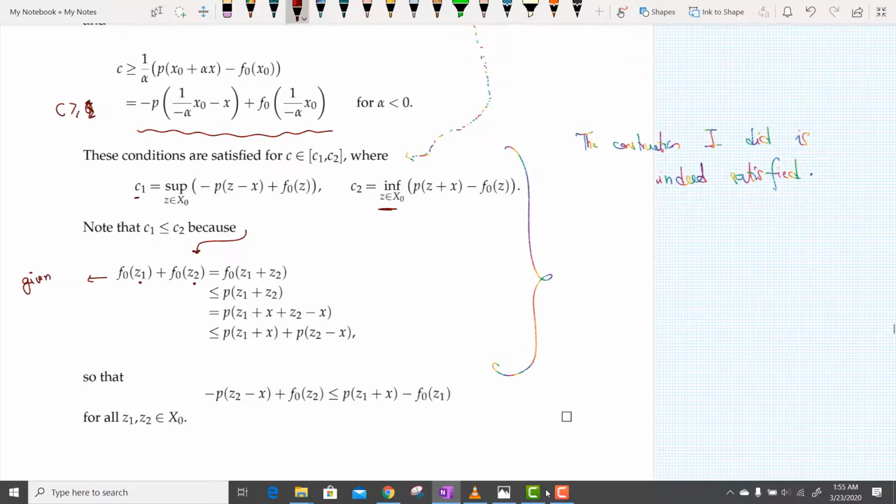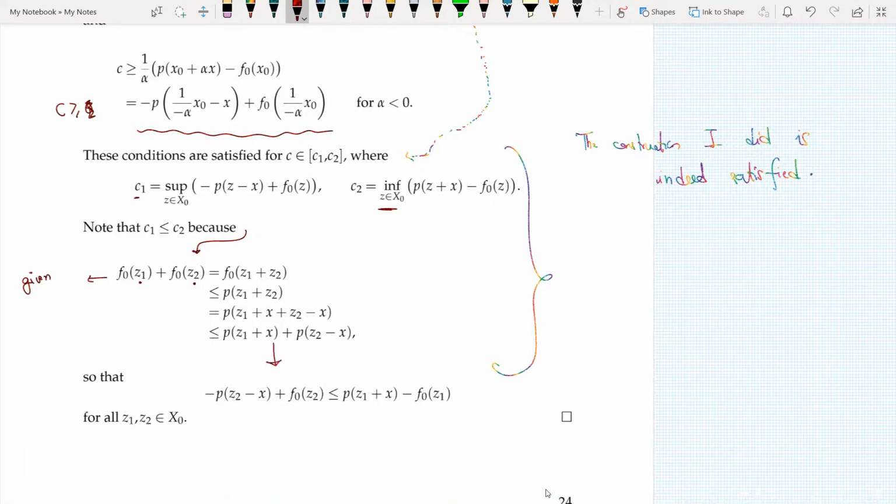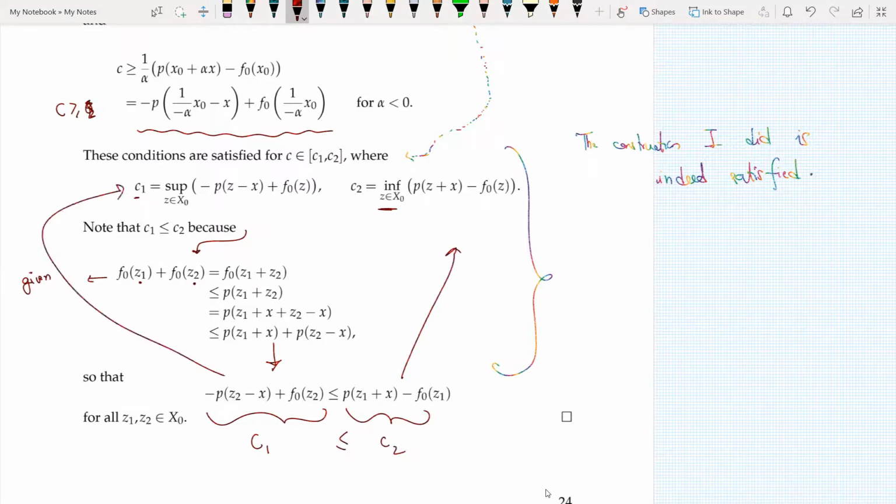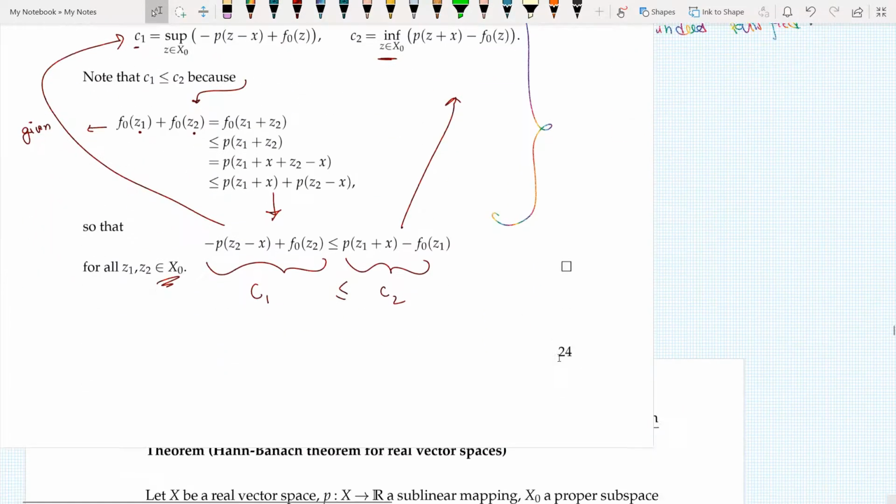And now again I can add and subtract small x, and then I can split it again with the help of triangle inequality, and hence I have proven that indeed this quantity, which is c1, is less than or equal to this quantity, which is c2, for all z1, z2 belonging to capital X naught.